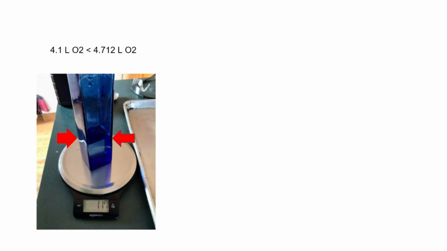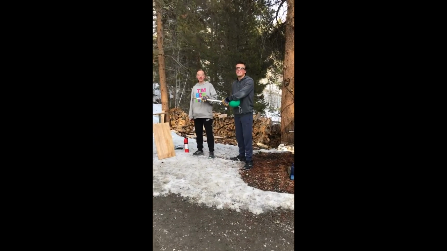And so for this experiment, we'll assume that it is 100% oxygen. So we find the volume of that and subtract it from the total amount of oxygen made. And so that turns out to be about 4.0 liters after rounding. And so 4.1 liters O2 to 4.0 liters O2 is pretty close for dirty numbers.